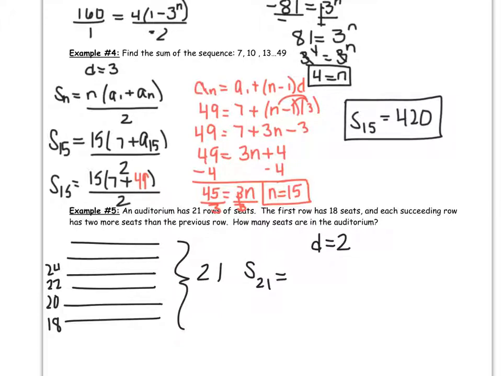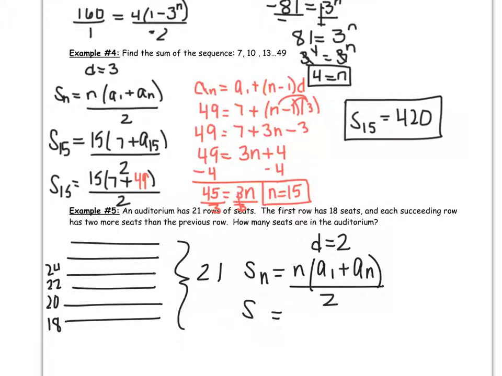Well, let me write the formula first, actually. So S sub n equals n, A1 plus AN over 2. So S sub n, well, now we can actually plug in n.